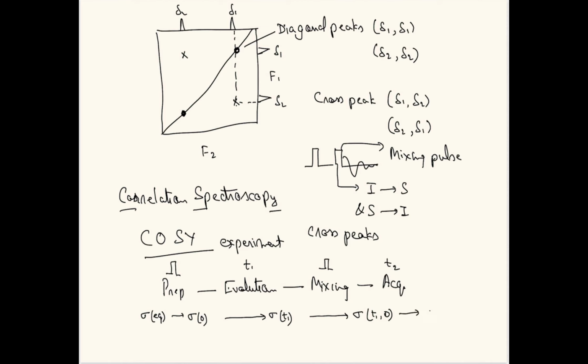And during acquisition, the density operator is now a function of t1 and t2, right? That's how it gives you two frequency axes, F1 and F2. So this is the basis of any two-dimensional experiment, and what we have learned.